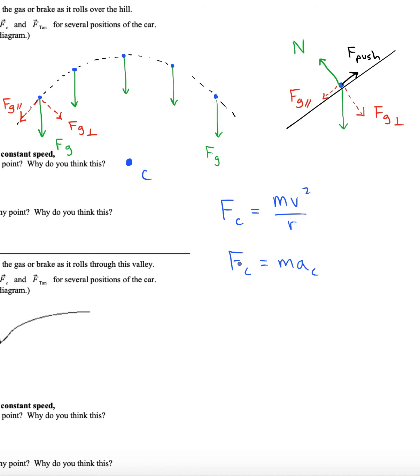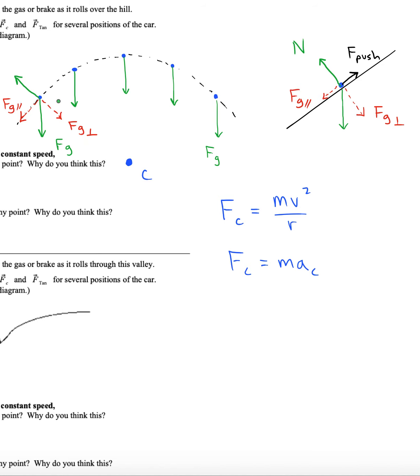And according to the theory of centripetal motion, in order to have a curve where your velocity vector is changing direction like this, then there has to be a centripetal force. But there's no way that there could be a centripetal force if the normal force was equal to Fg perpendicular.